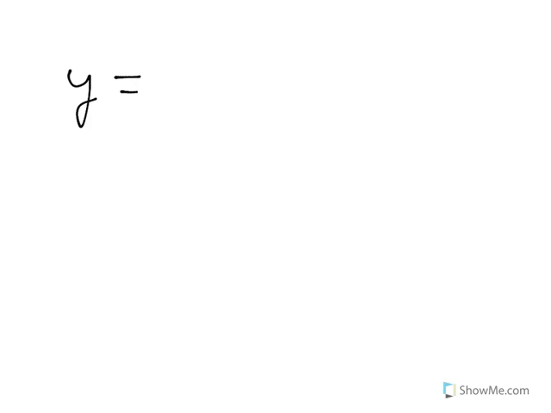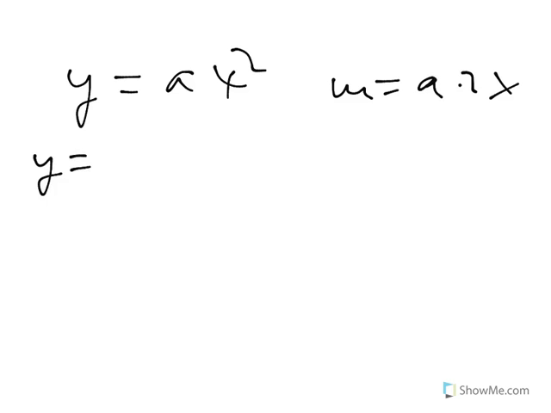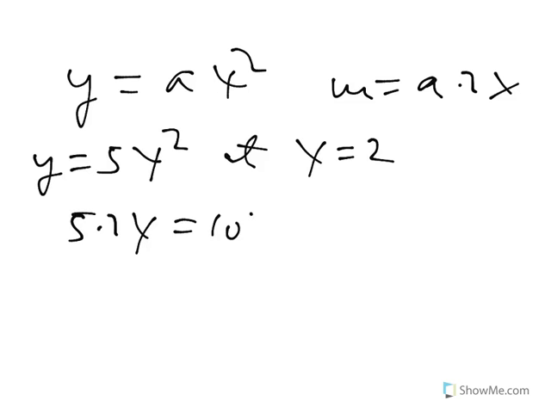In general, if it's y equals ax squared, the slope is going to be a times 2x. So if the curve is 5x squared at x equals 2, you can say it's 5 times 2x, which is 10x. That's what the slope's going to be. Then you could plug that 2 in to get 20.